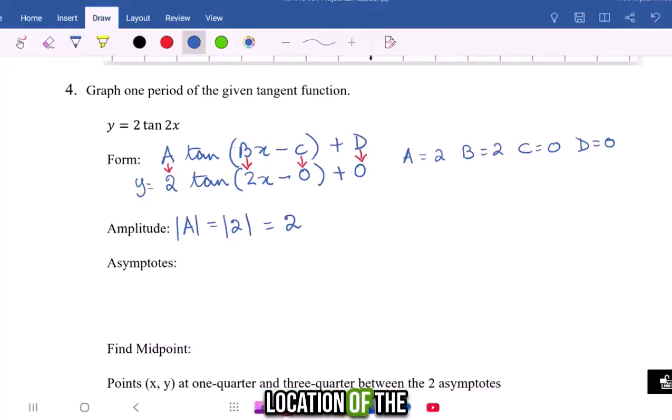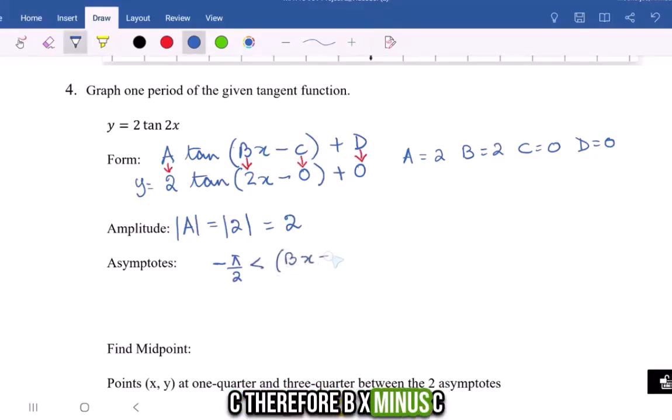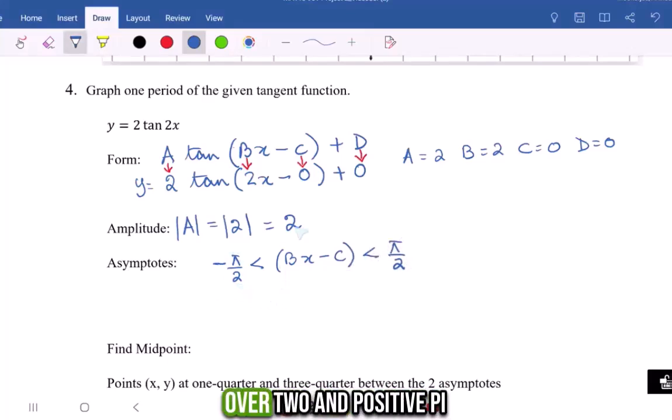Now, the location of the asymptotes could be found using this formula, minus pi over 2 less than bx minus c, therefore bx minus c less than pi over 2. Now, where did I get the values of negative pi over 2 and positive pi over 2?